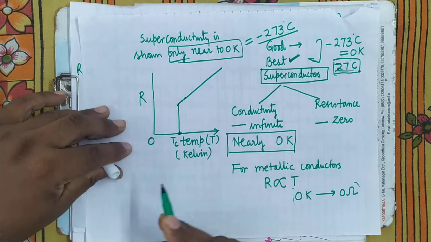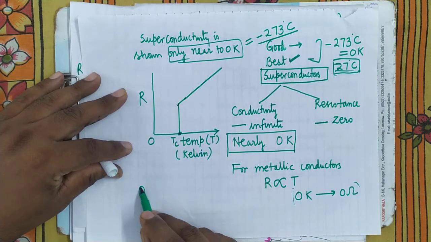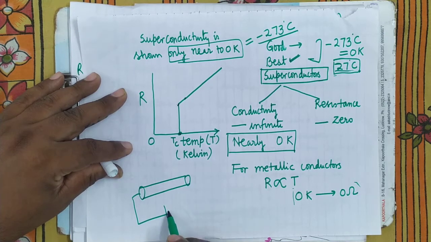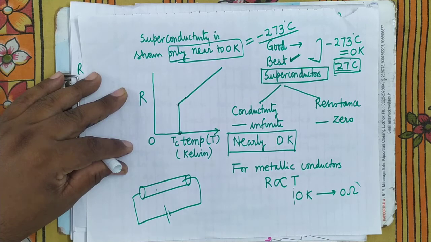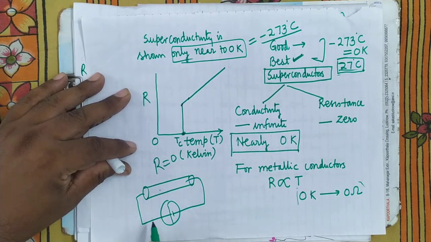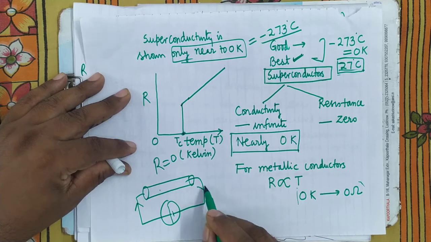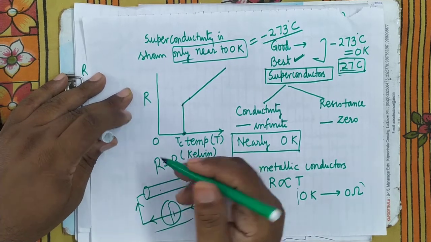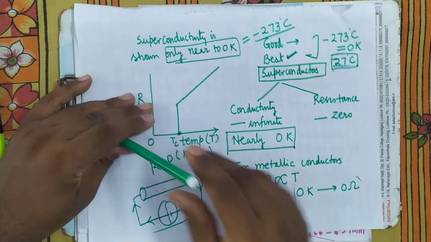We can maintain the flow of current without consumption of any energy, because the energy is consumed because of the resistance. So if the resistance will be zero, the source which is supplying this energy will not lose the energy. Current will keep on flowing indefinitely without consumption of any energy.